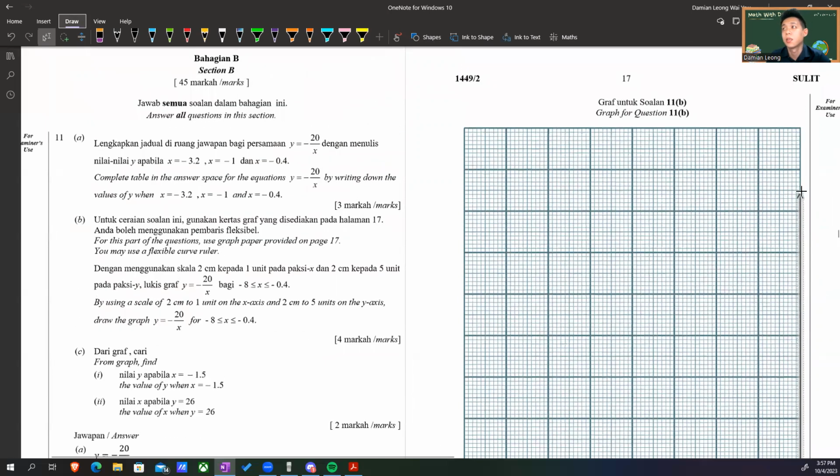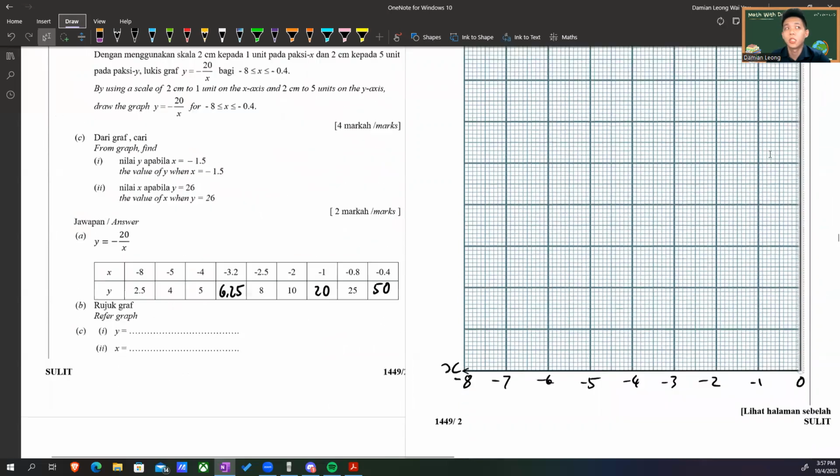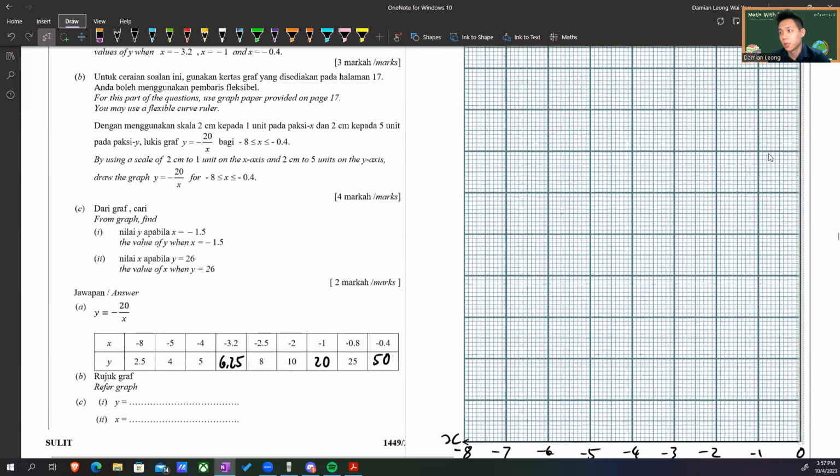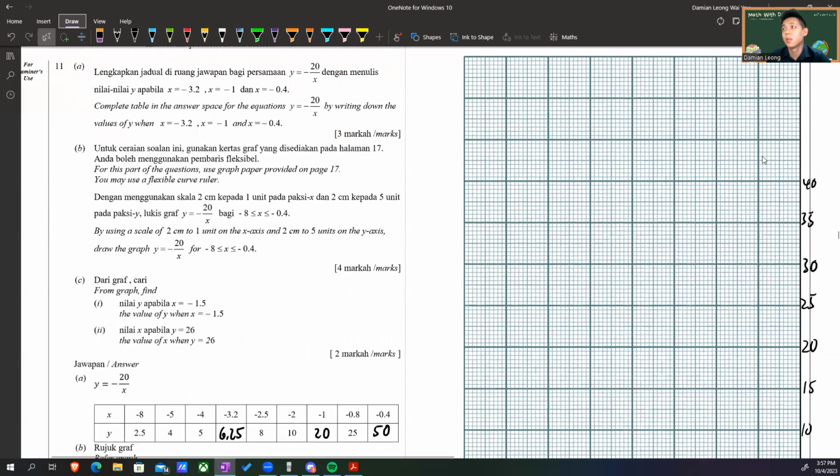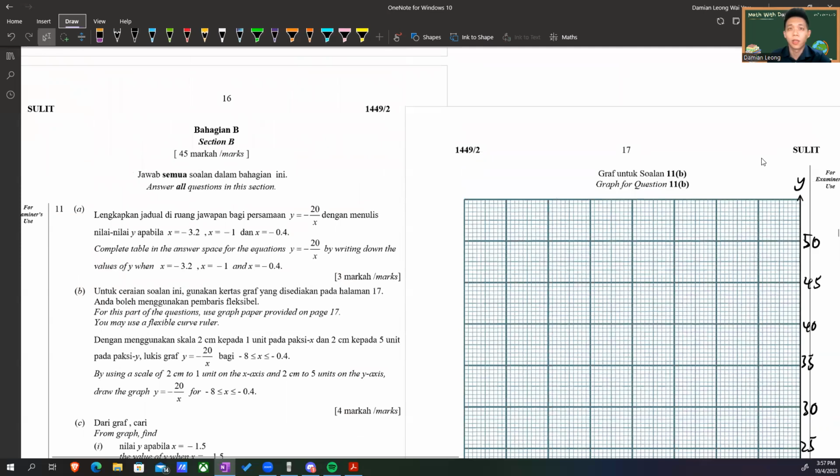They say 2 cm to 5 units, which means each box is 5. 5, 10, 15, 20, 25, 30, 35, 40, 45, 50. So at least go up to 50. So this is the y value.